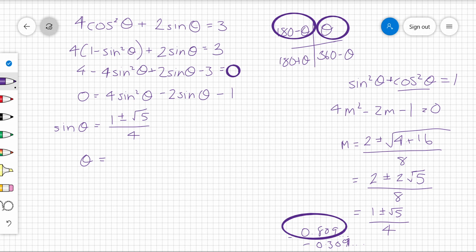So I'm going to have 54 degrees and 180 minus 54 degrees. For my negative, where sine theta is negative, I now want these two: 360 minus theta and 180 plus theta. But what is theta? I need to do inverse sine of the negative 0.3 stuff, which I put under B, and we get 18 degrees.